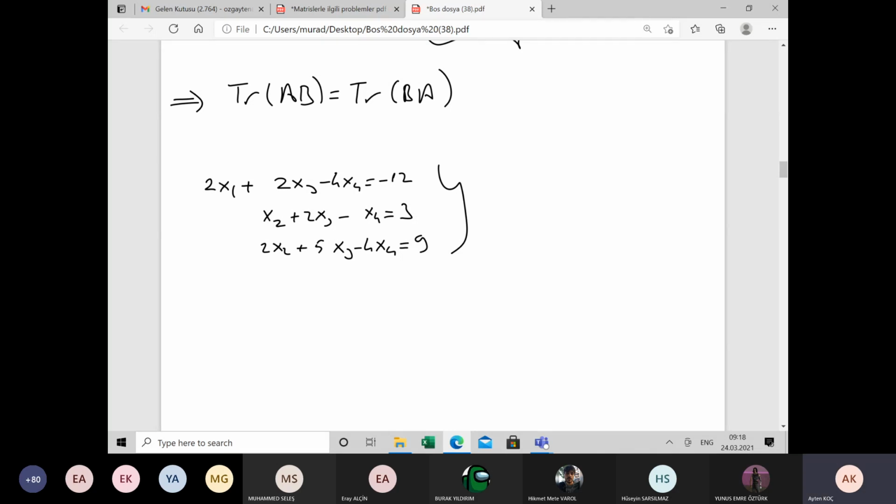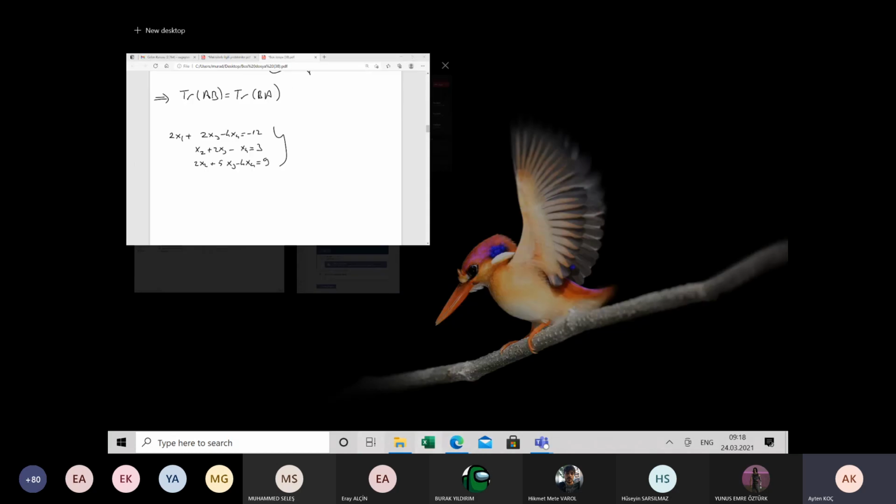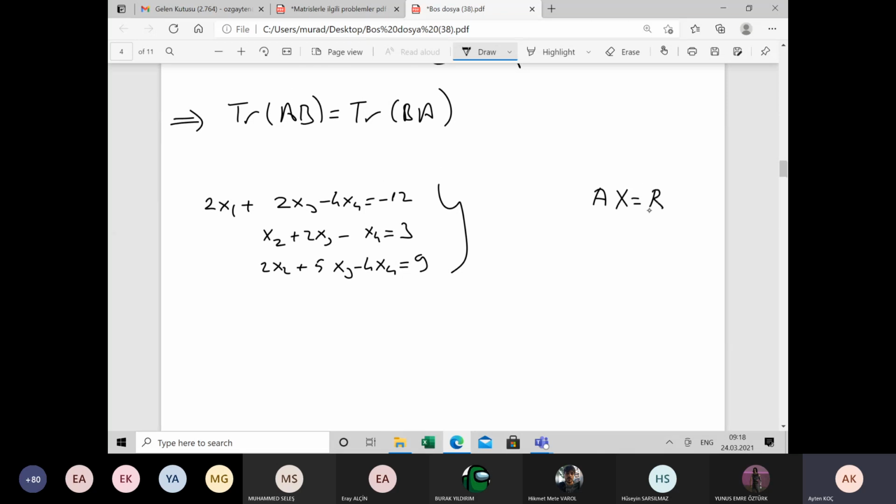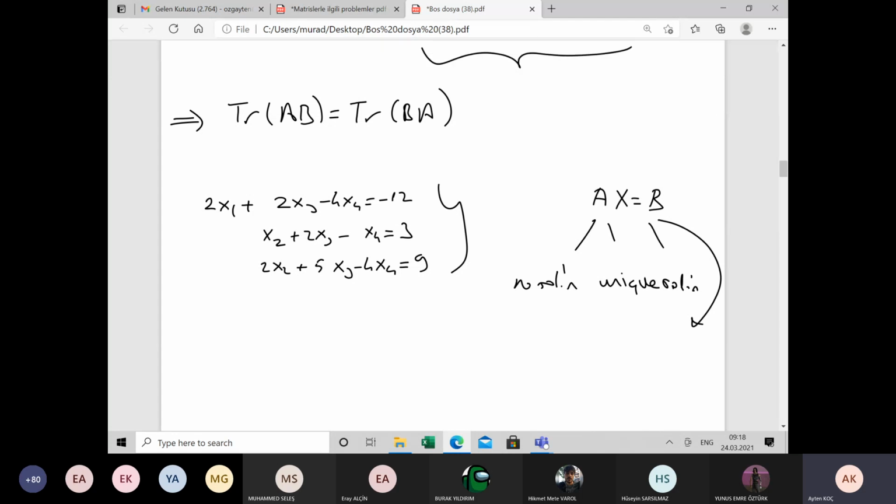Now, we know that for any linear system AX equals B, we have 3 cases: maybe no solution, maybe a unique solution, maybe infinitely many solutions.